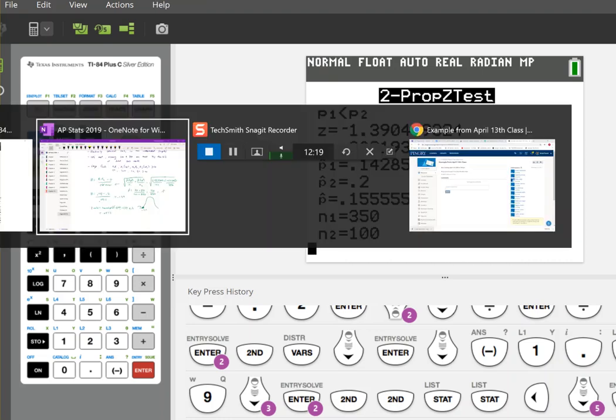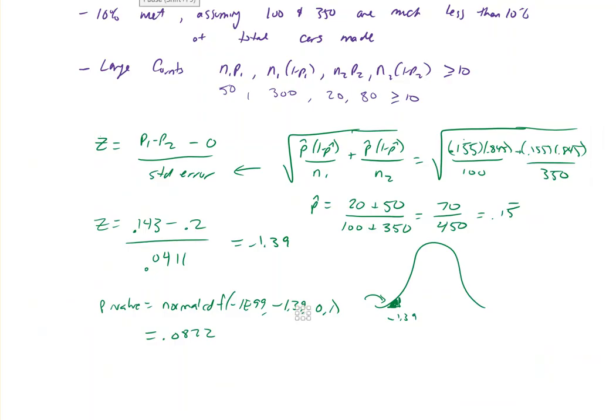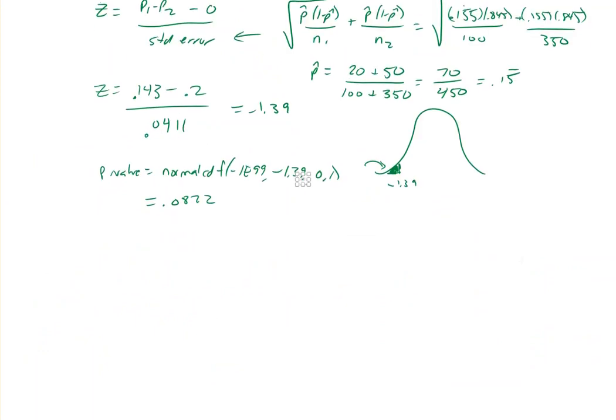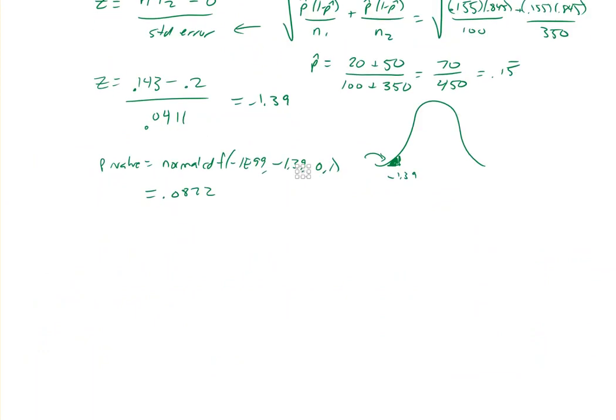The last thing we now need to do is conclude. And what color didn't we use? Did we use purple? I don't know if we used purple or not. So now, because the p-value is greater than our alpha, we fail to reject the null. Now, the null is not necessarily true. We just don't have evidence that it's not true.